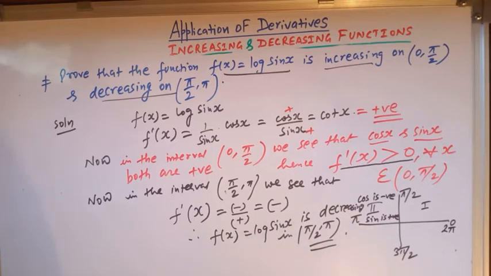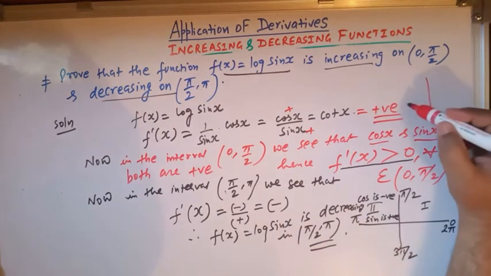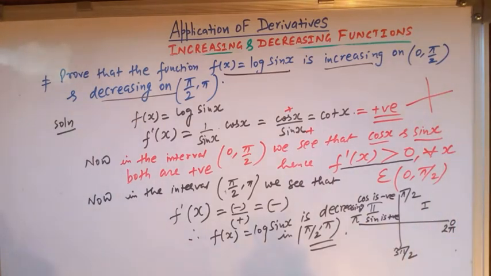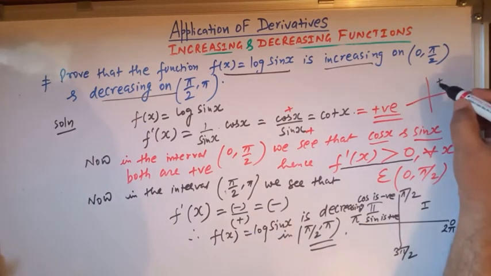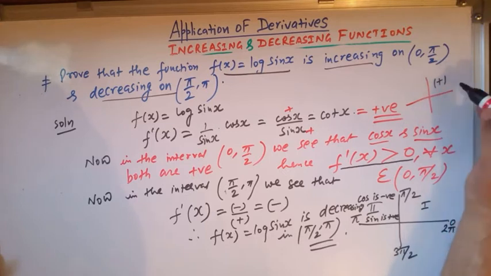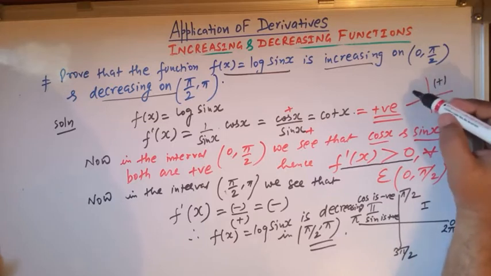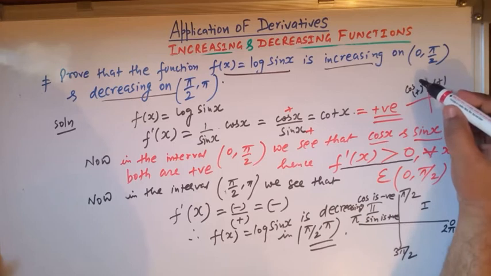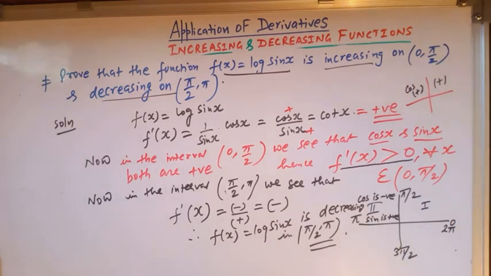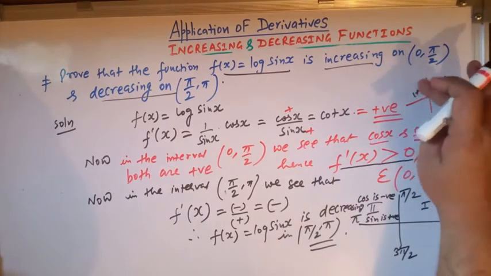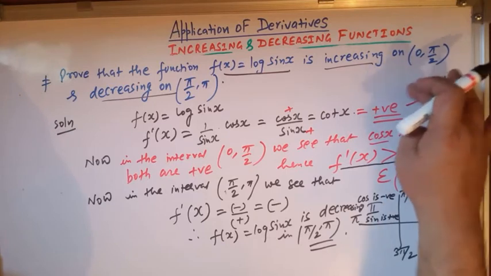Here I would like to mention one thing: in the four quadrants, all the 6 trigonometric functions are positive in the first quadrant. In the second quadrant, only cos is positive, and the other 5 trigonometric functions, sorry, here I would like to correct it.